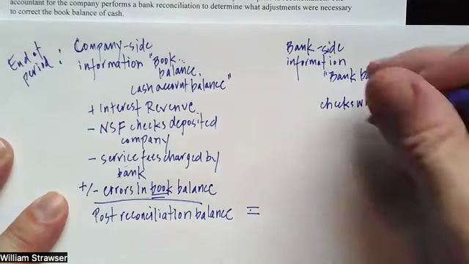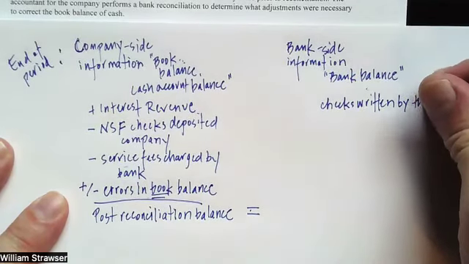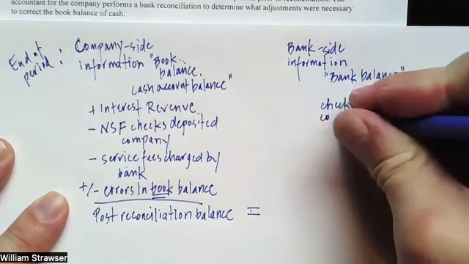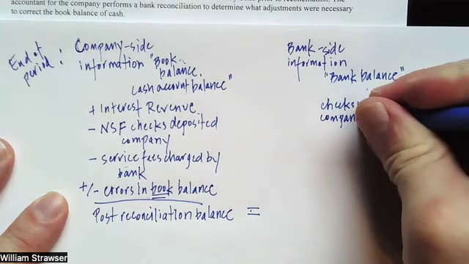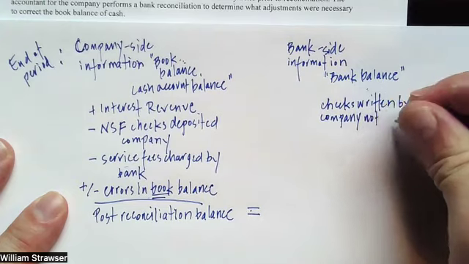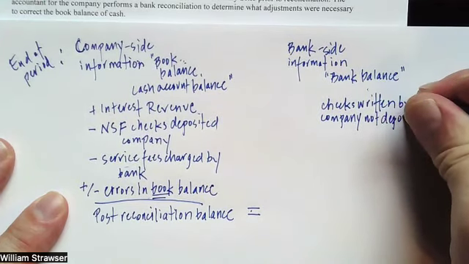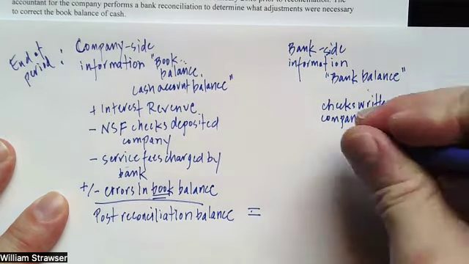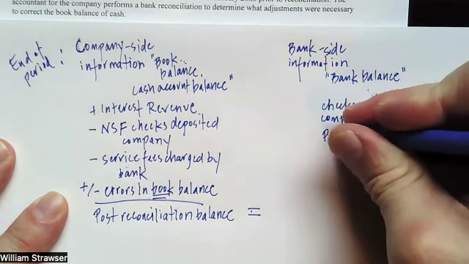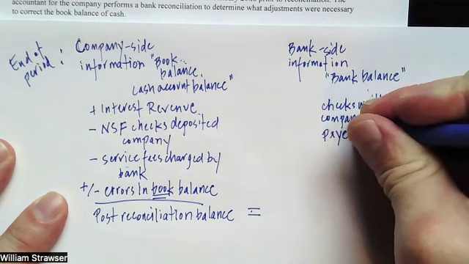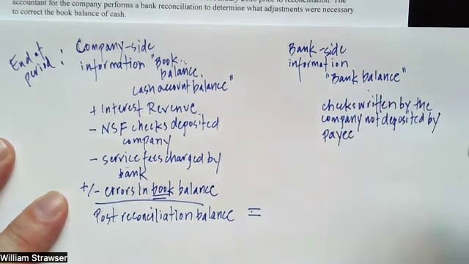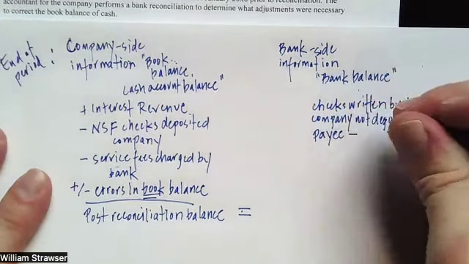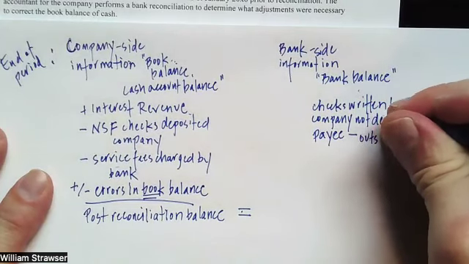This is cash out, checks written by the company, not deposited by the payee. It's kind of weird to say sometimes. Payee, right? What these are called are outstanding checks.